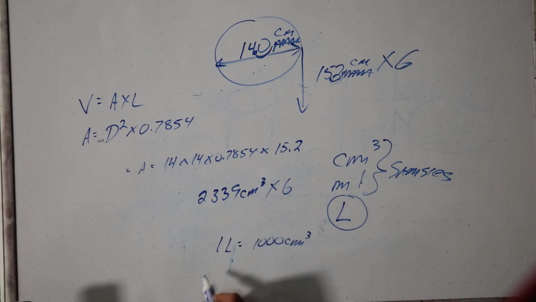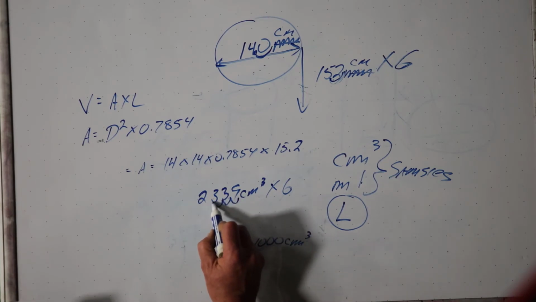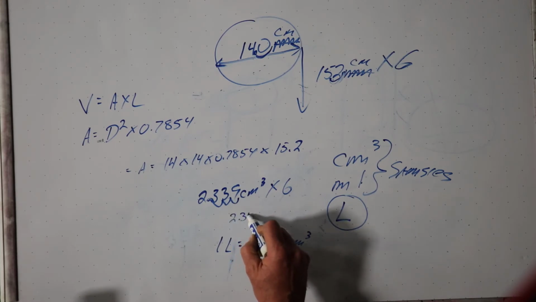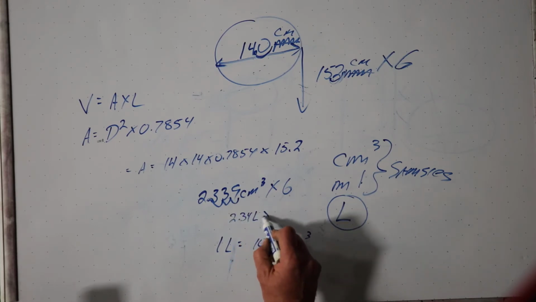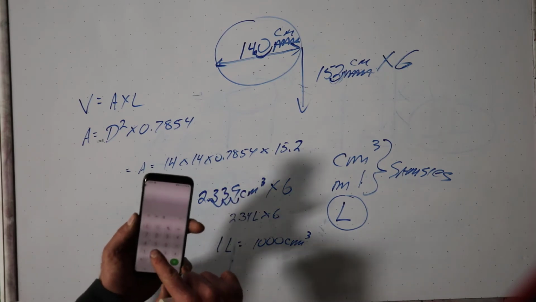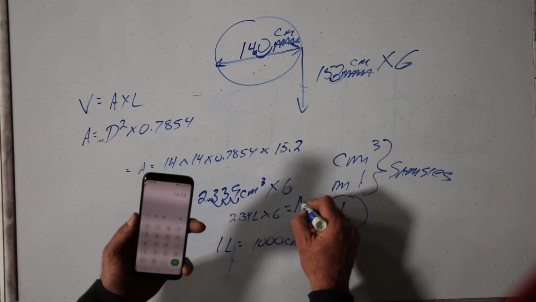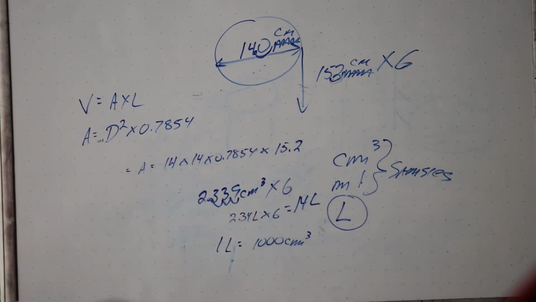So divide this number by 1,000. It ends up to be 2.34 liters. Times that by 6. 2.34 times 6 equals 14 liters. So this is a 14-liter engine.